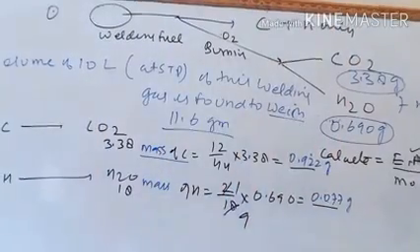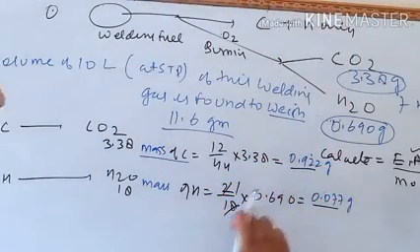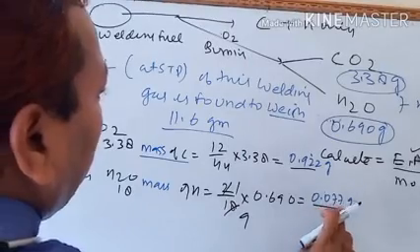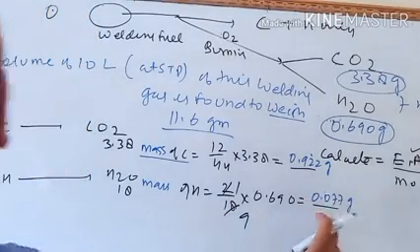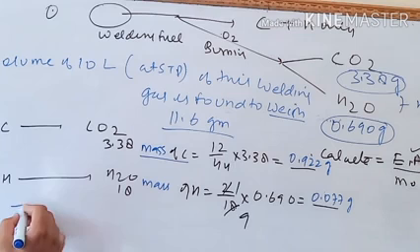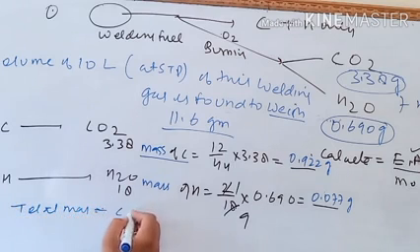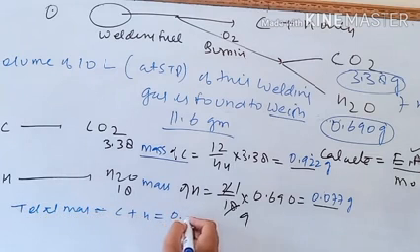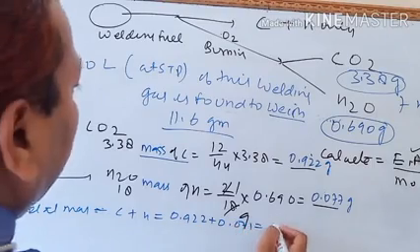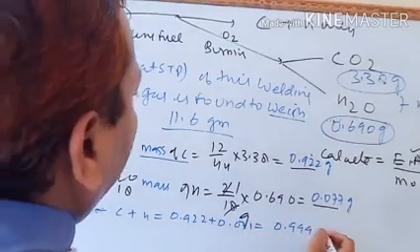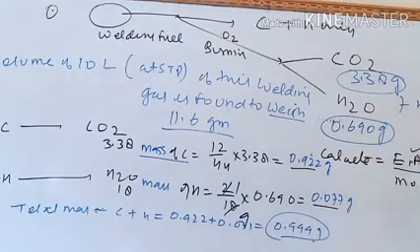Now the total mass of C plus H: 0.922 plus 0.077 will come 0.999 gram. So the total mass of the carbon hydrogen sample will be 0.99 gram.